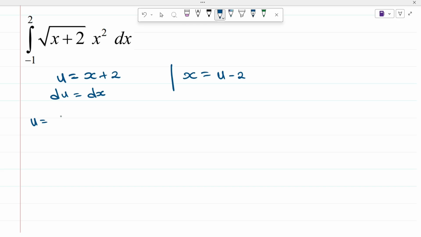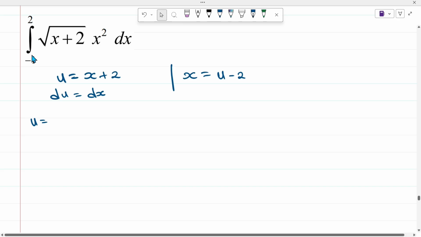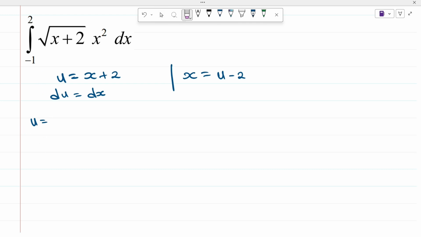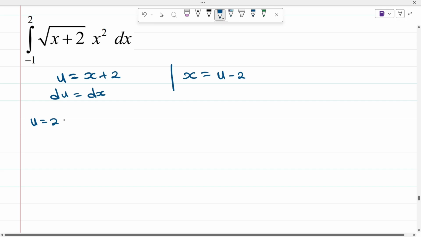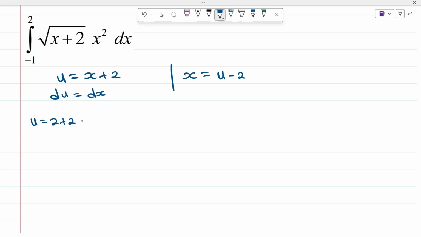Because this is with respect to x and we want to write it with respect to u, the upper limit is going to be 2 plus 2. Since u is equal to x plus 2, we substitute that limit and we get 4. Then the lower limit is going to be what?